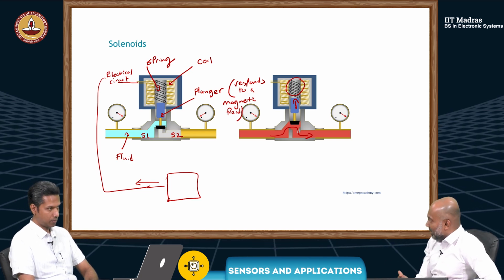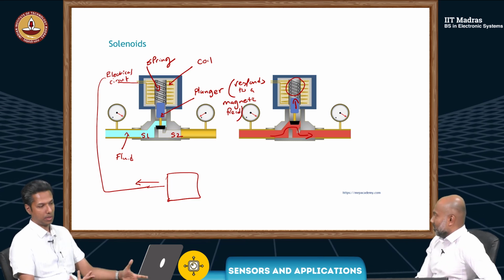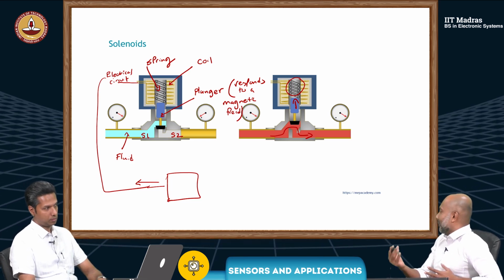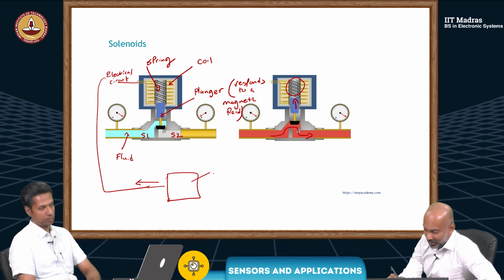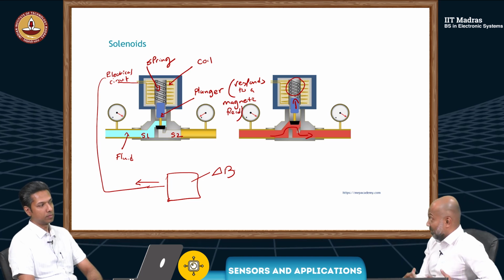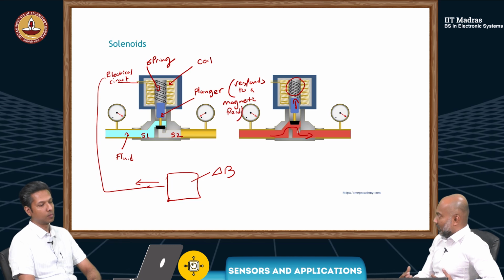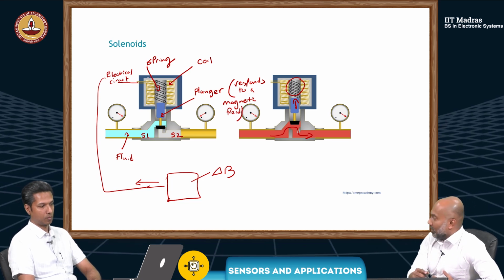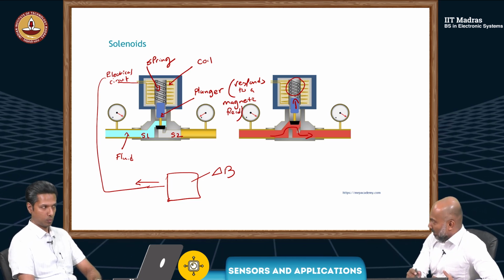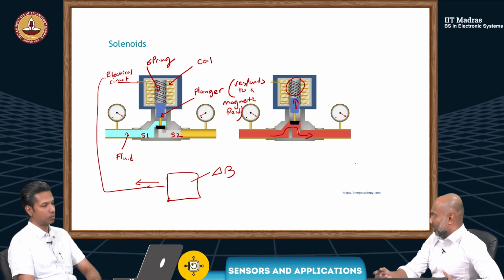That depends on detecting a certain magnetic field. Let's say this depends on a change in B. Here you have to sense this change in the magnetic field, and based on that, it will provide a current to the coil and the liquid will flow from one section to the other.